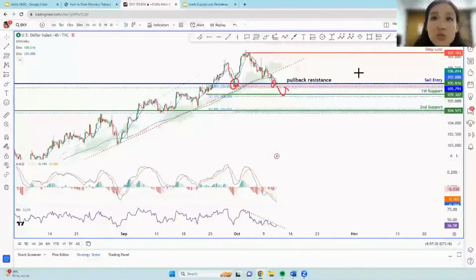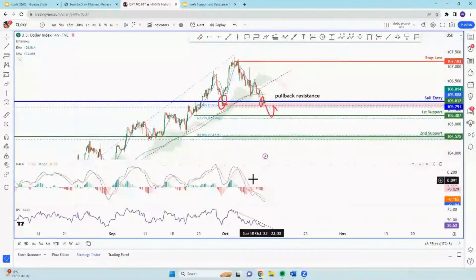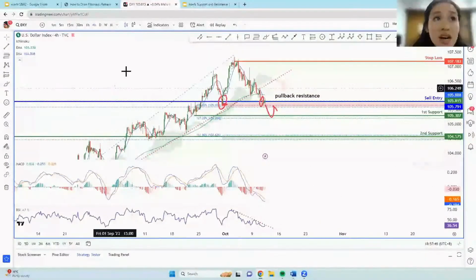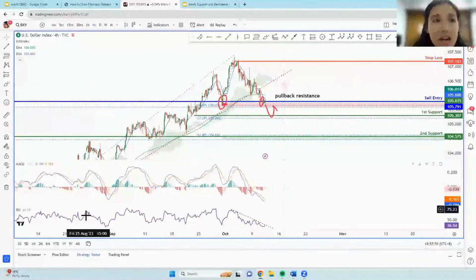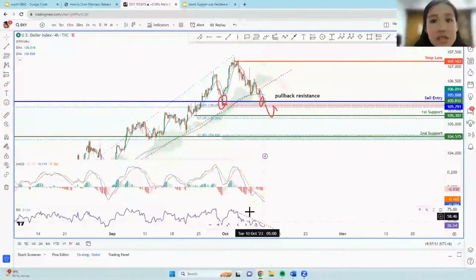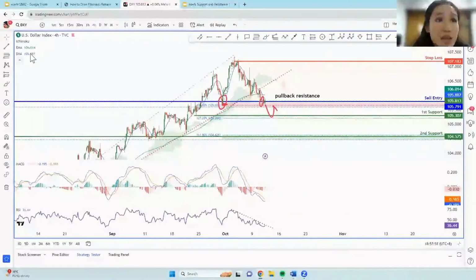And then we also pulled out our indicators. You see our MACD is giving us bearish signals. With Ichimoku, price is moving below the cloud. RSI is moving in this descending trend line. If I use the EMA and SMA, it's also moving below the indicators.